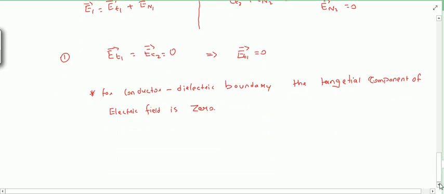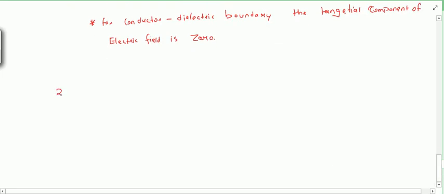So now what about the normal component? You know that Dn1 minus Dn2 is equals to rho s. Dn1 minus Dn2 is equals to rho s.